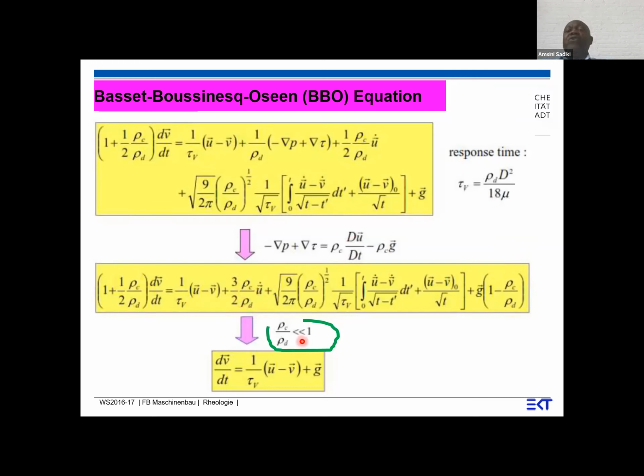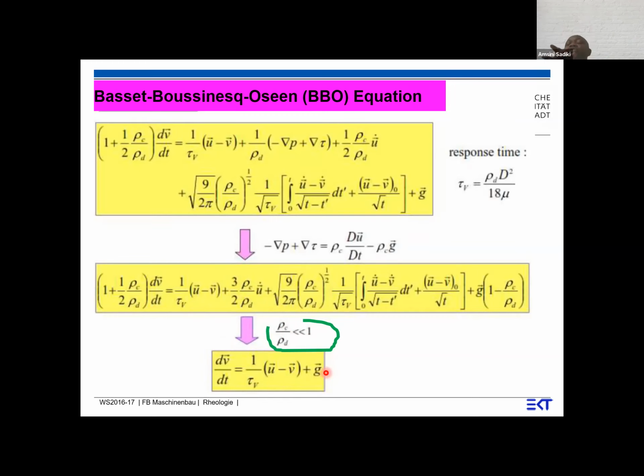For the case we had seen before, where we would like to characterize the spray, the two-phase flow, we say that this ratio is always small if we deal with gas-solid particles or gas-liquid particles. It is very small, and if it is very small, we can neglect this term, so that in this case we have only the drag force and the gravitation.